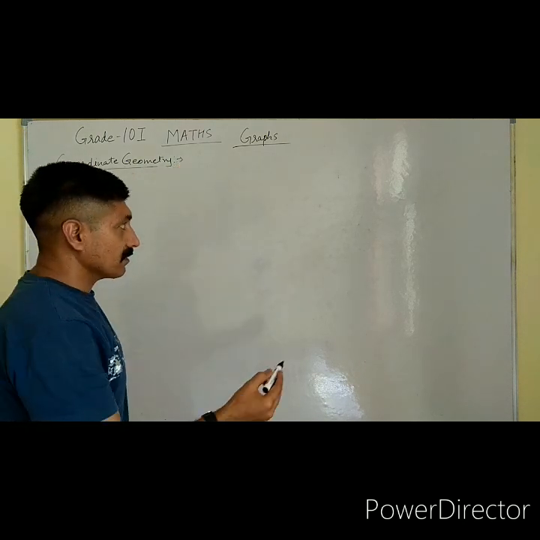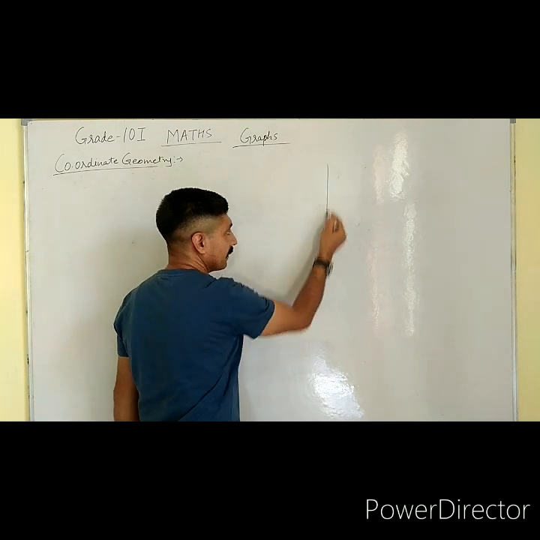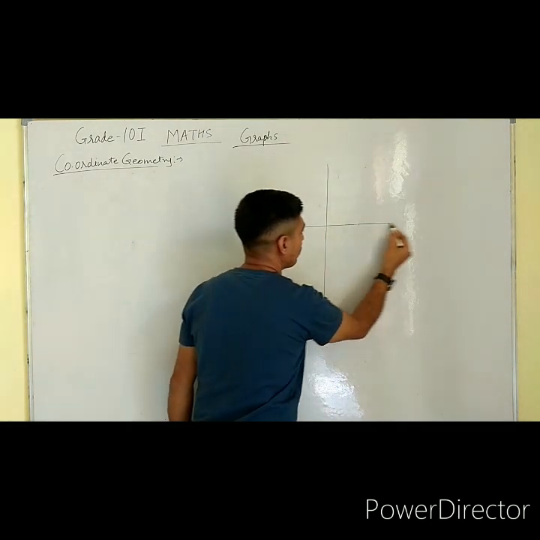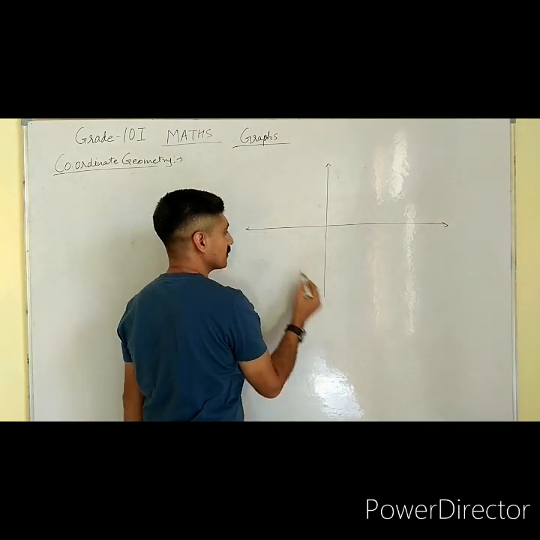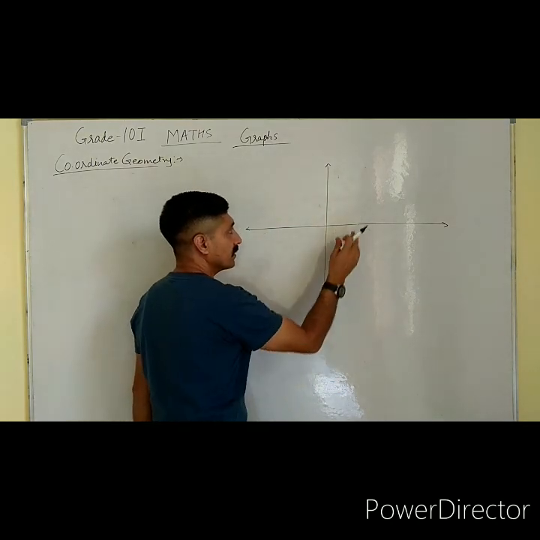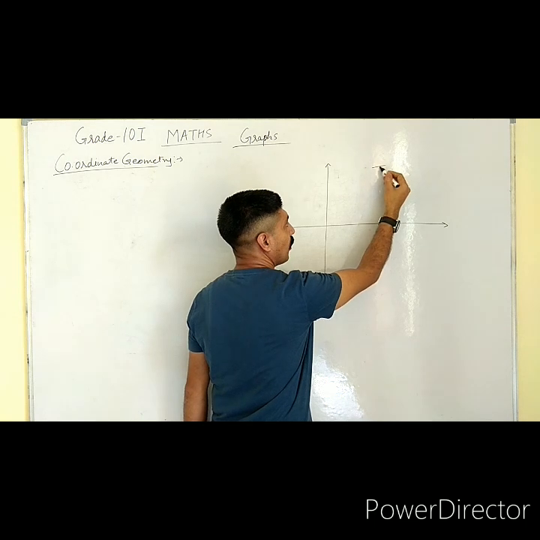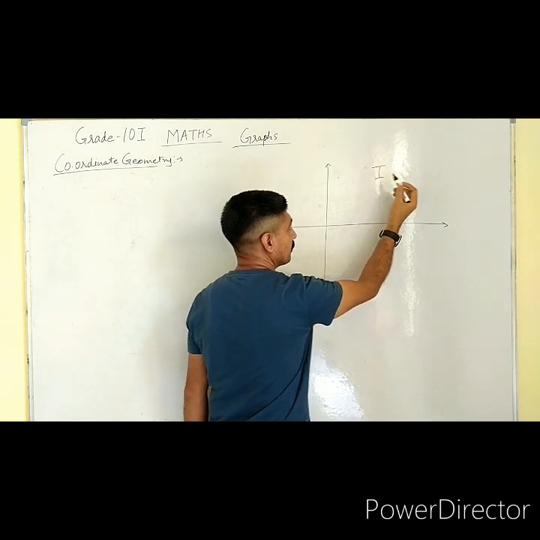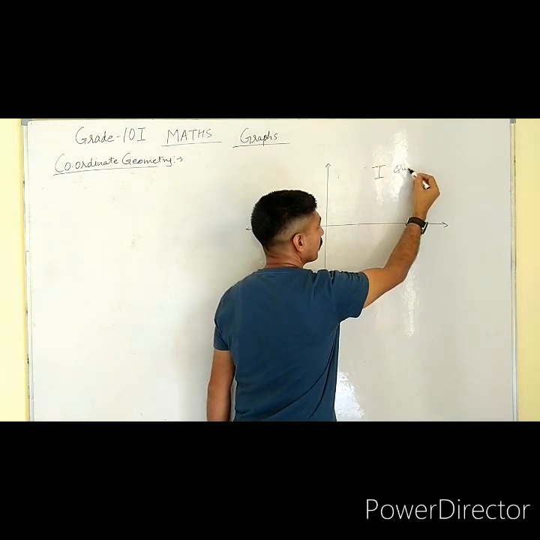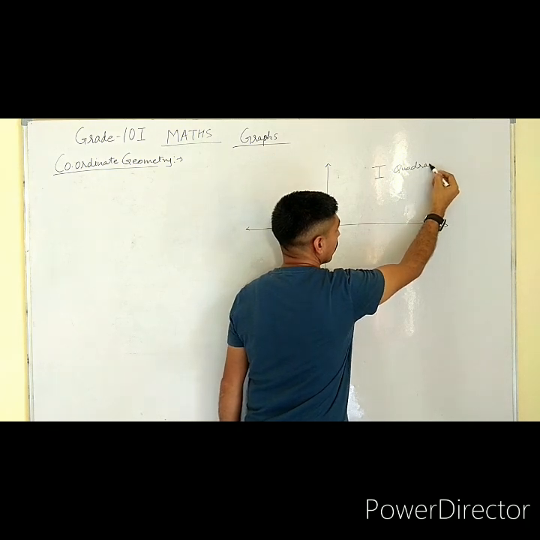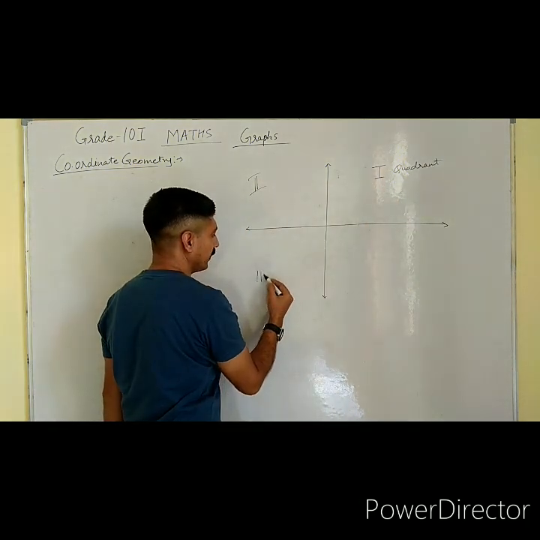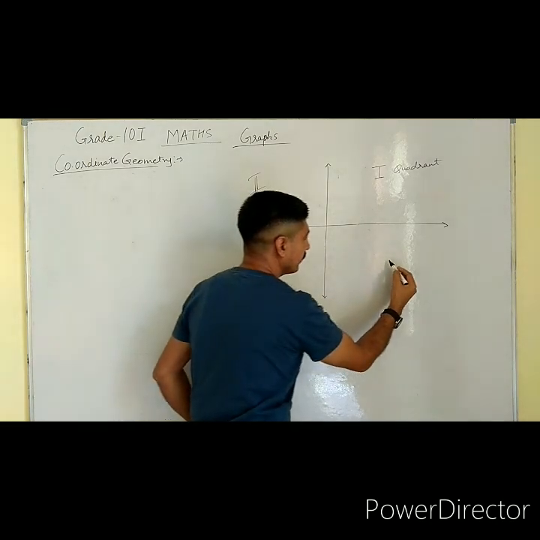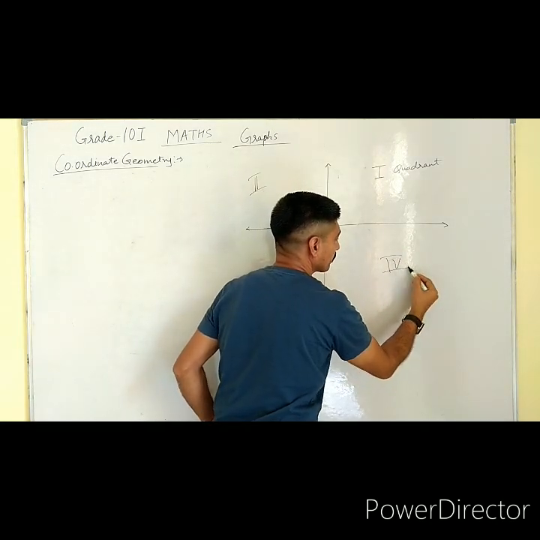He divides the plane, as the blackboard is a plane, in 4 parts. This first part is called the first quadrant, second quadrant, third quadrant, and fourth quadrant.